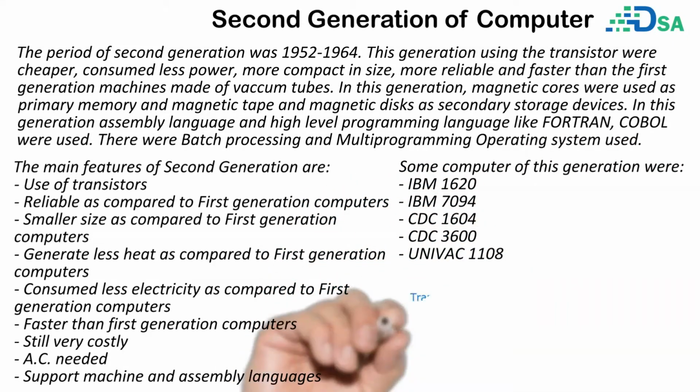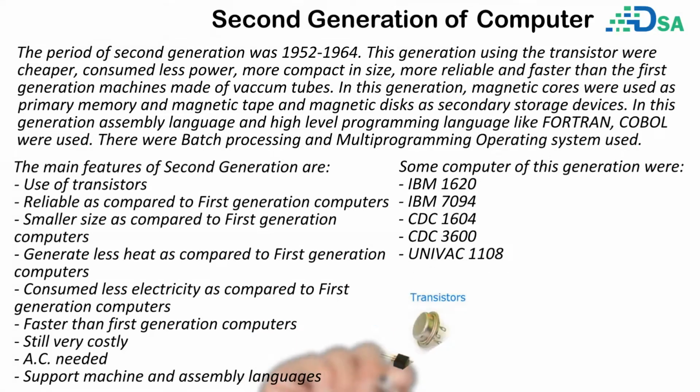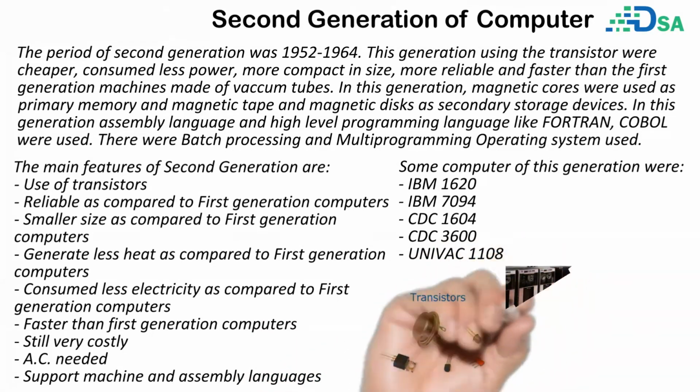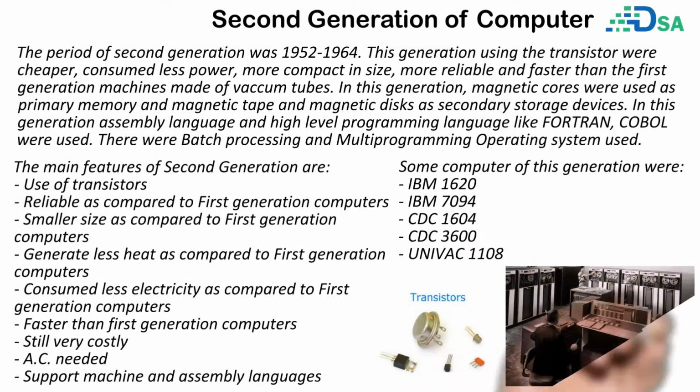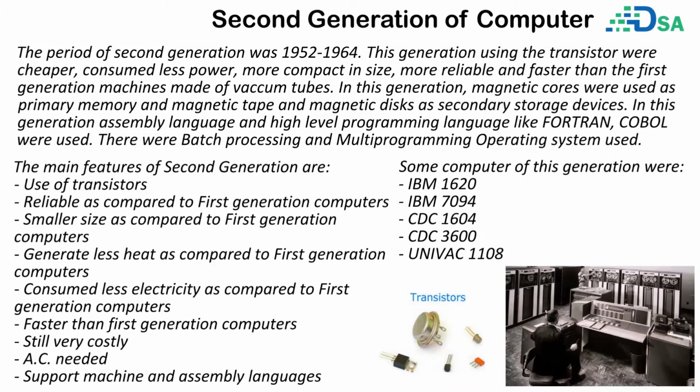Some computer of this generation were IBM 1620, IBM 7094, CDC 1604, CDC 3600, UNIVAC 1108.